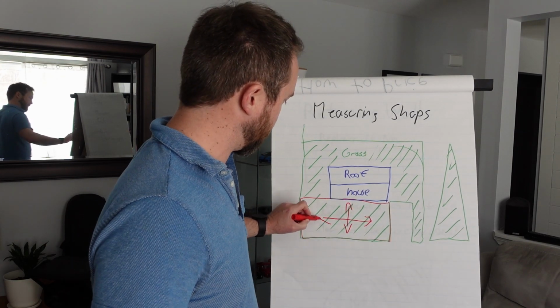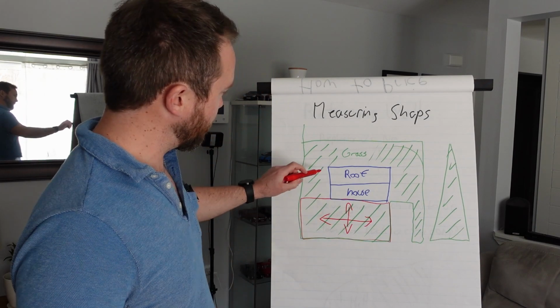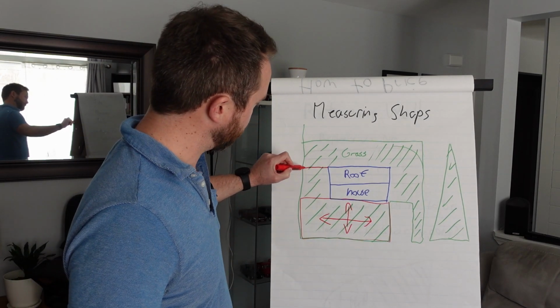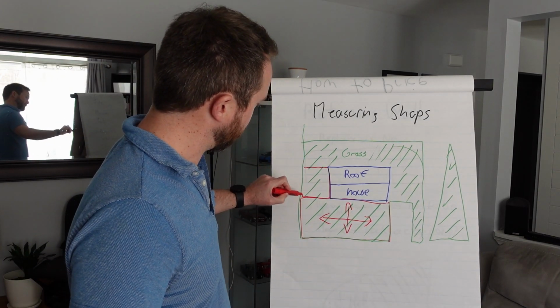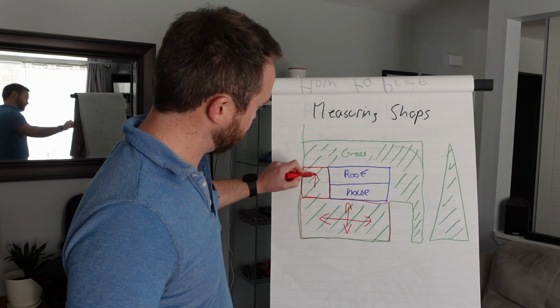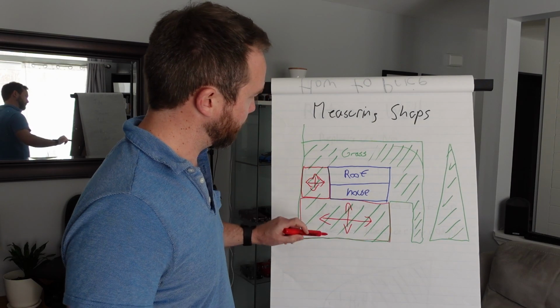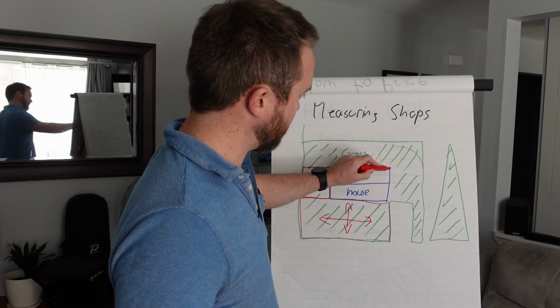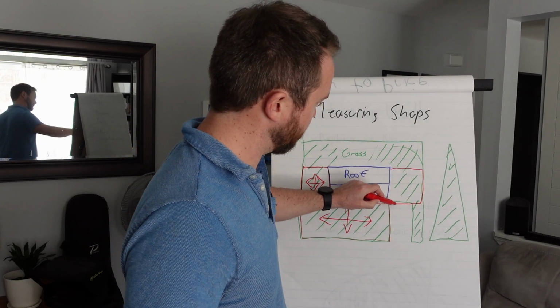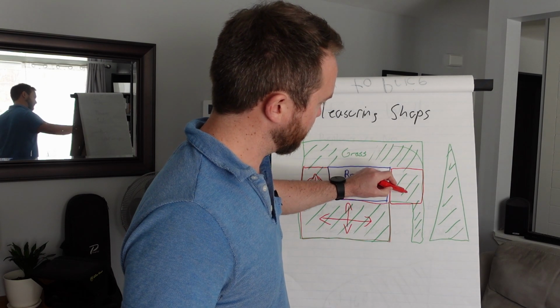The length and width. And then I would go to the side of the house here, and I would measure this area. And then I would go to this side of the house. Measure this.